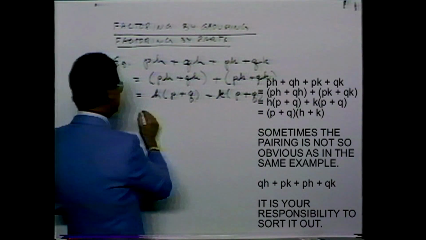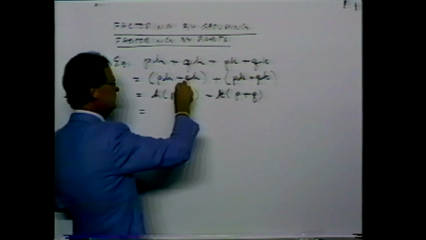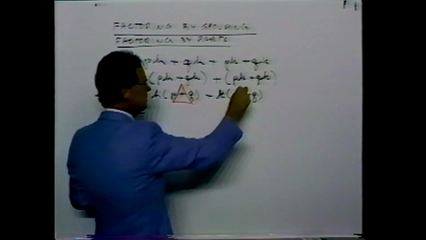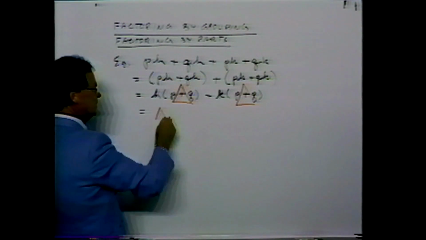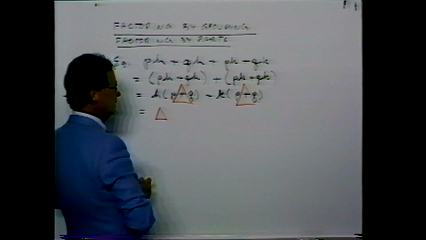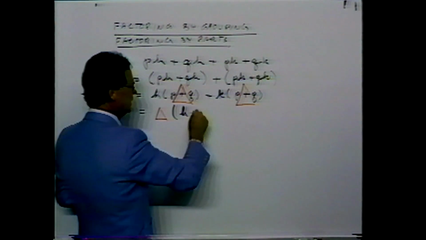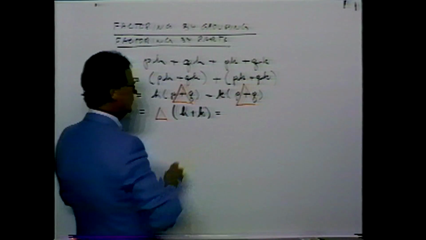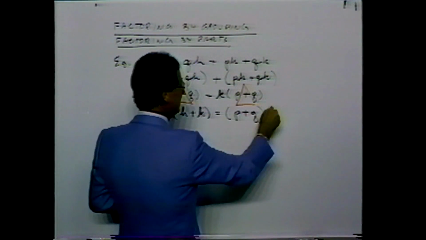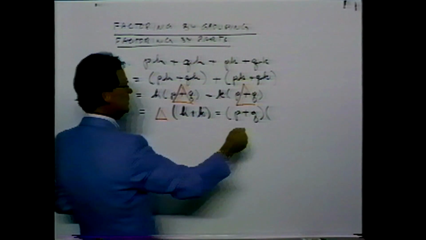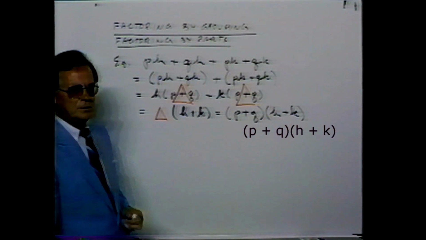In other words, p plus q is a common factor. Remember doing this earlier? If I identify this as a single symbol, then the triangle is a common factor of those two terms. And so the result is triangle times h plus k. In other words, it is p plus q, the common factor taken out of each of the terms, leaving h plus k behind.